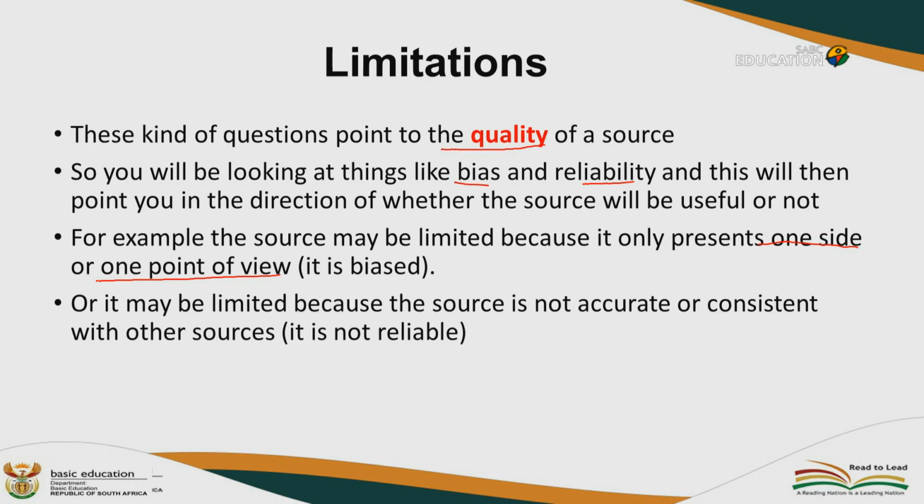So the source may be limited because it is not accurate again. If the source keeps on changing, then that source has limitations, and it is therefore not reliable. We cannot rely on a source that is highly limited.